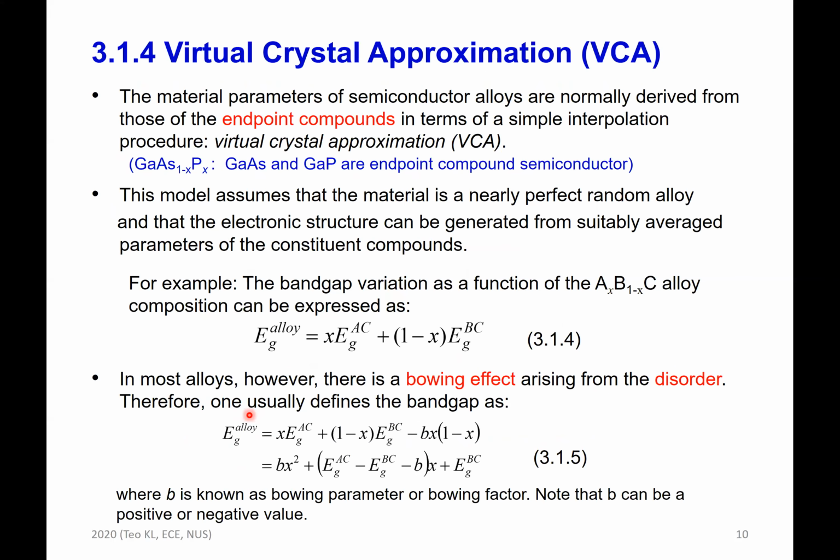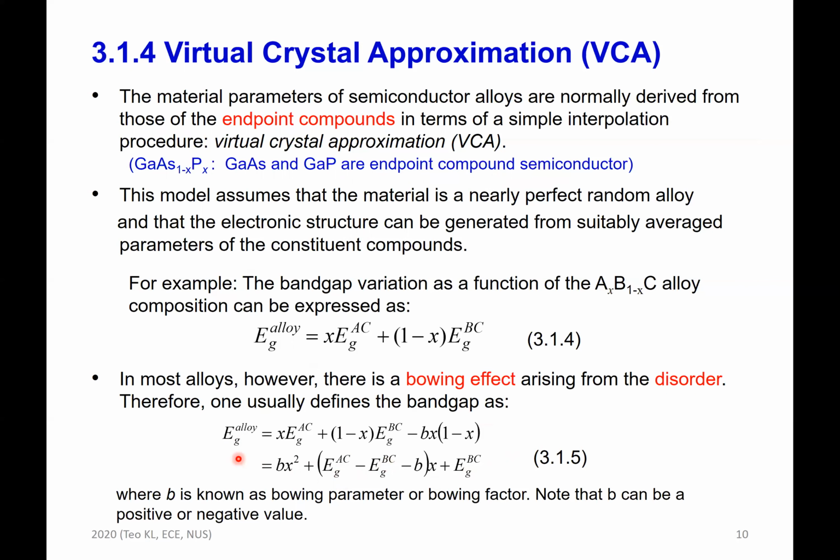So again, if you go back to this equation, it is for the band gap, but it's a second order or quadratic equation. So simply you just replace the band gap with the lattice constant. You also can calculate the lattice constant of the alloy due to disordering.